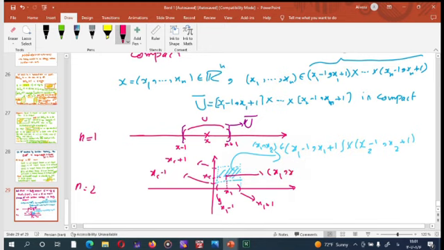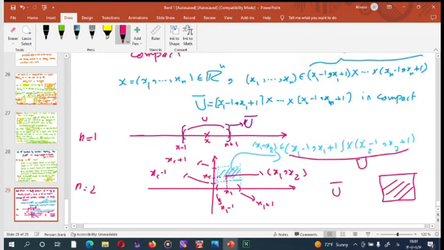Okay, and the closure of this, if we consider this as U, U bar is this set, including its boundary, and this is a closed subset of R2 because it is bounded and closed.